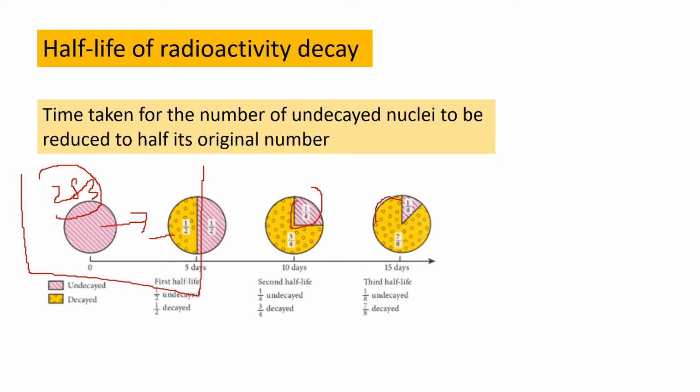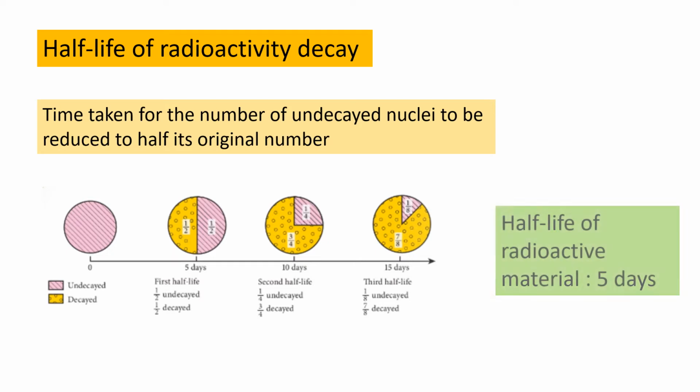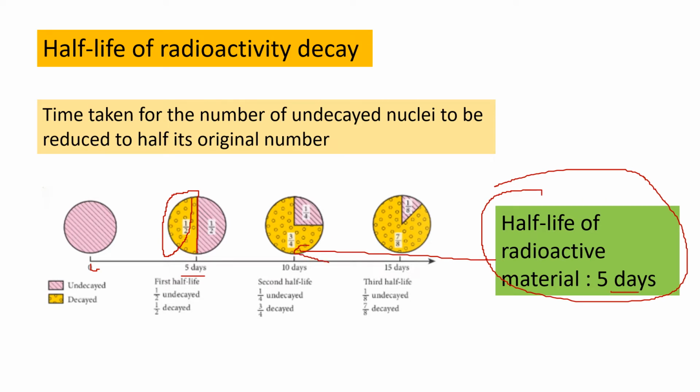So one of these steps is a half-life. It means half of this is gone. The time taken for it to lose half of the nuclei is called the half-life of radioactive decay. As you can see, the first half-life, measured from 0 to 5 days, it decayed to half. So the half-life of this radioactive material is 5 days.